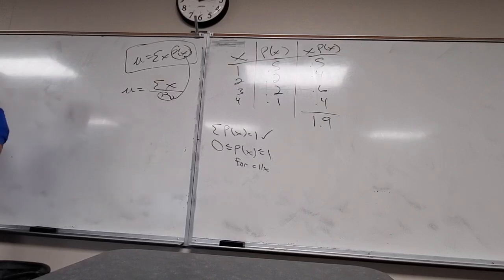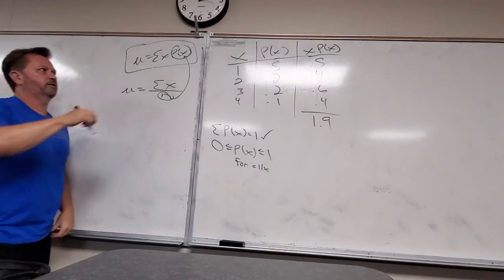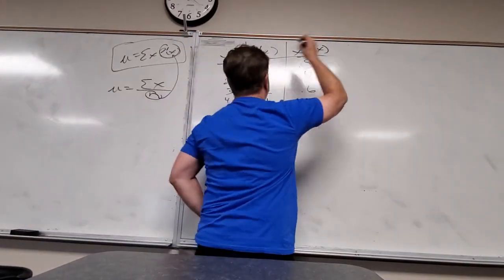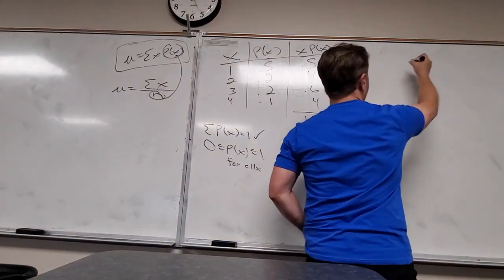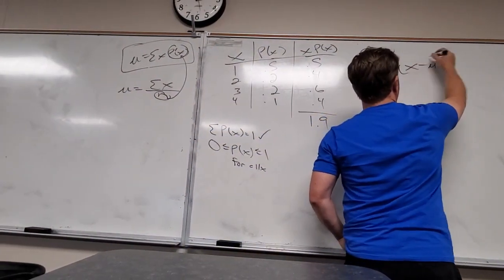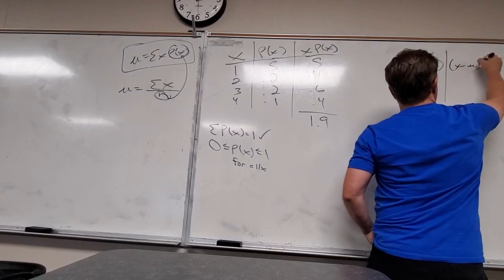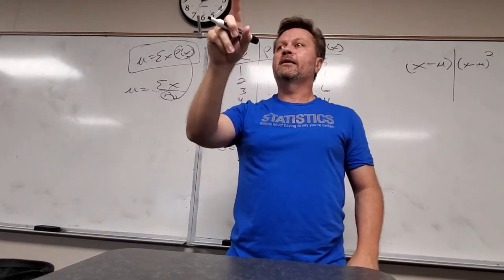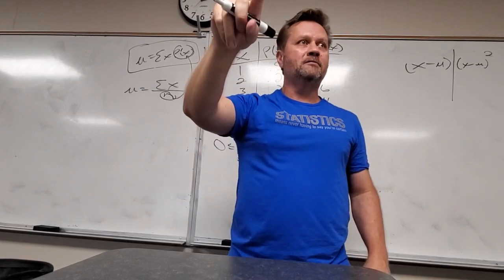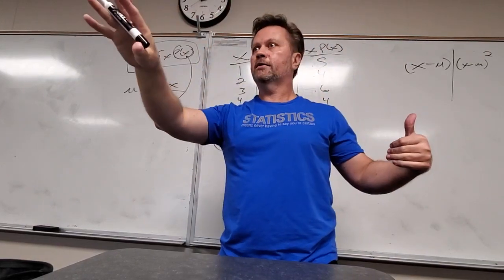Even if that doesn't make sense, it's okay. Just a little extra thing I like to think of. So, how did we calculate standard deviation before? Didn't we do this and then we did this? Right. Then we added them all up, and then we divided by n. Remember that for the population? Are you guys with me?